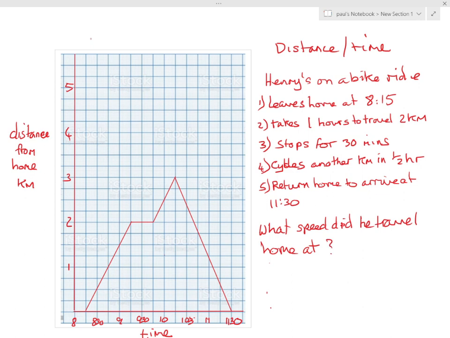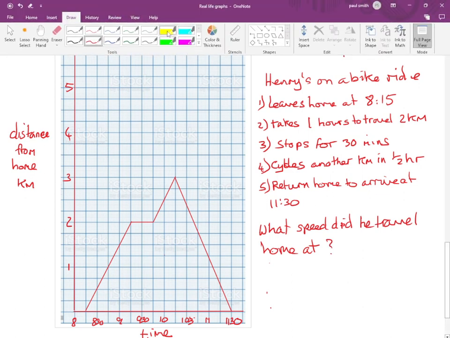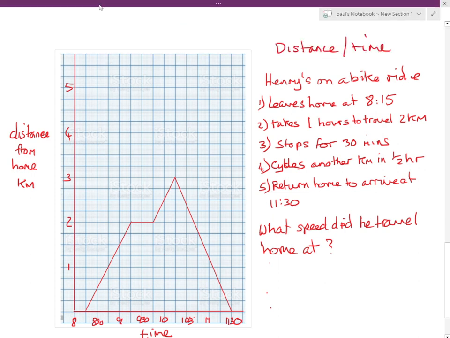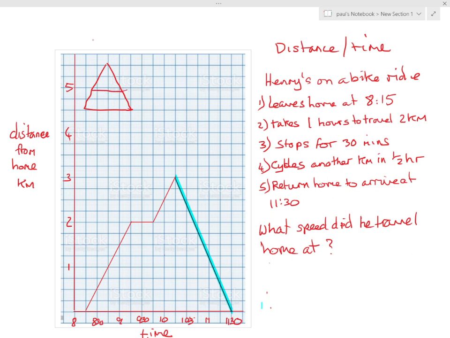Now, to work out the speed, it's going to be this journey here, so we need to remember our speed time distance triangle.